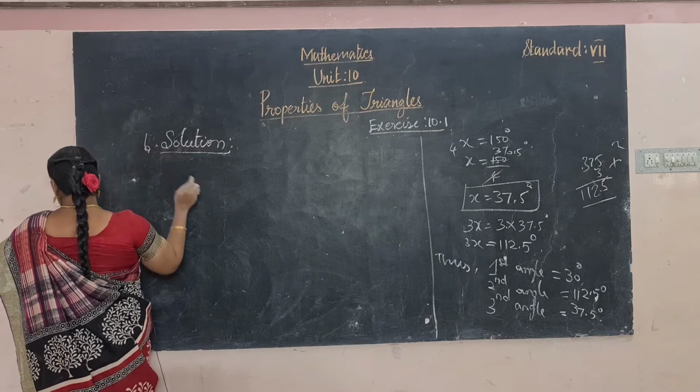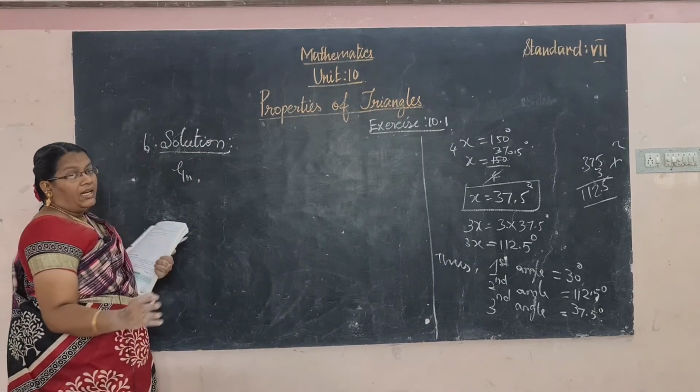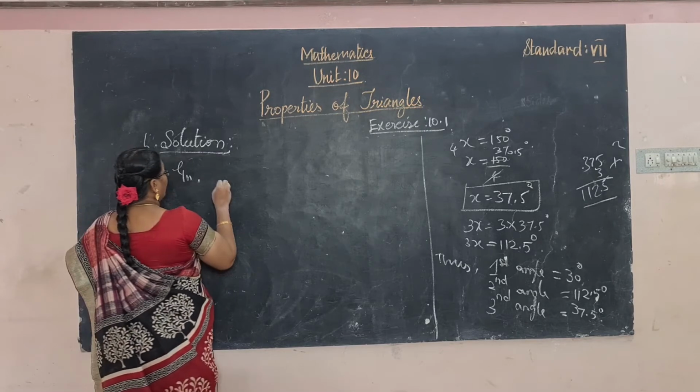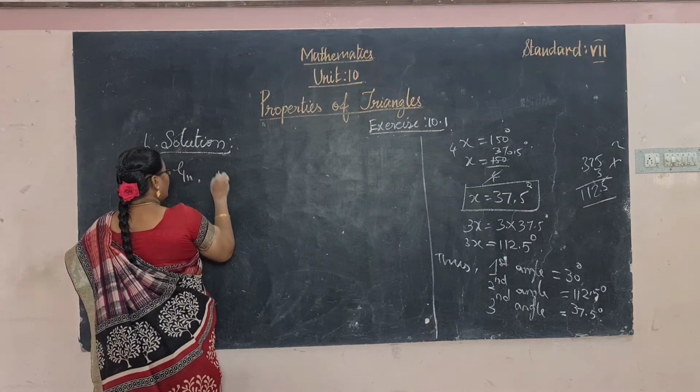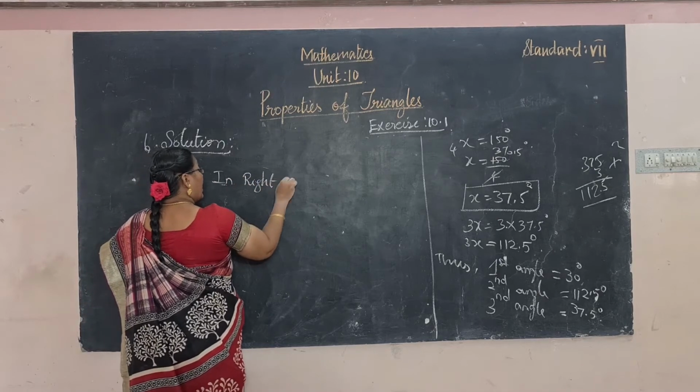Sixth problem. Okay, so what data is given? In a right angle triangle, one angle is a right angle.